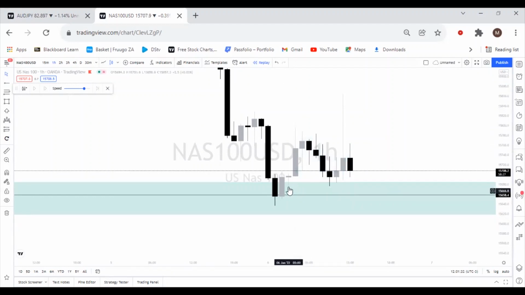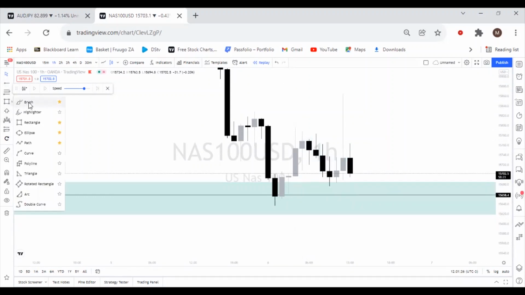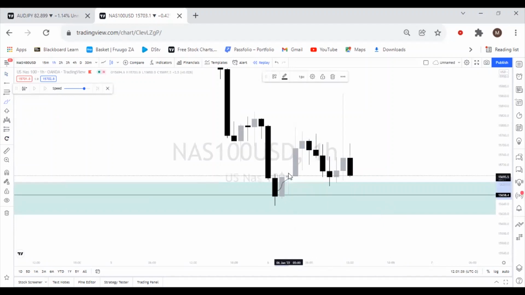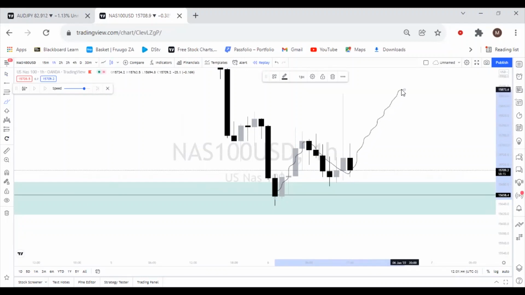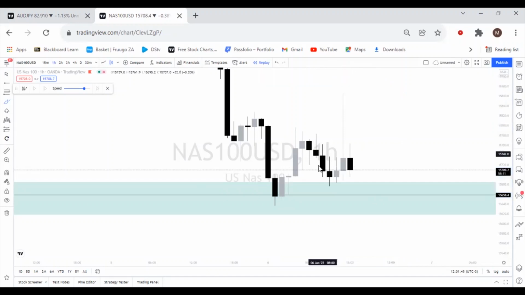It's still forming a correction, and what I mean is that it had this impulse, and now Nasdaq is forming a correction. Now the market has to go back up in such a way, so we should be looking at buys for Nasdaq.